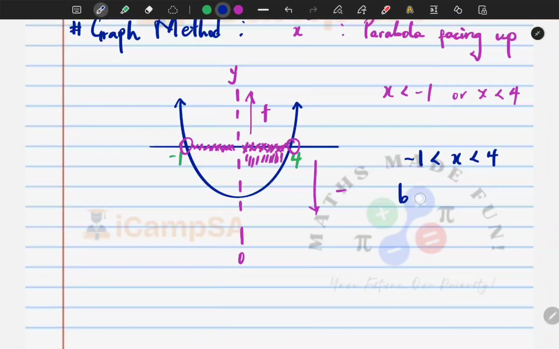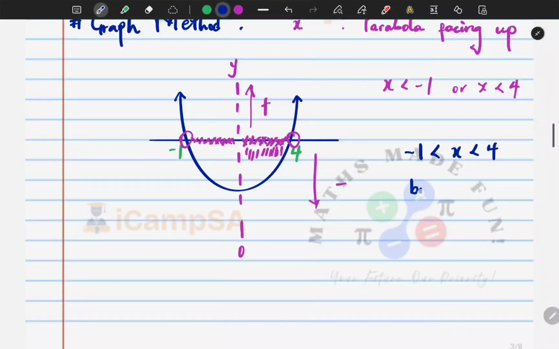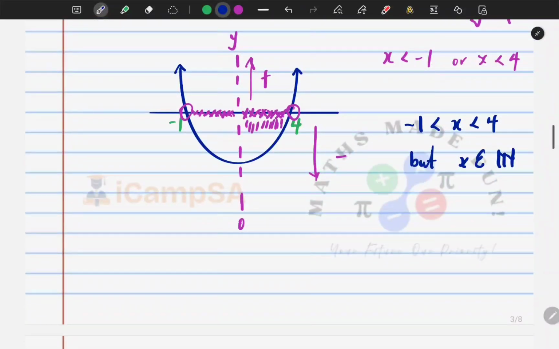So let's look for those numbers. They said x should be an element of natural numbers, so we want those numbers between -1 and 4 that satisfy this condition. Let's write the number line: you have -1, 0, 1, 2, 3, and 4.